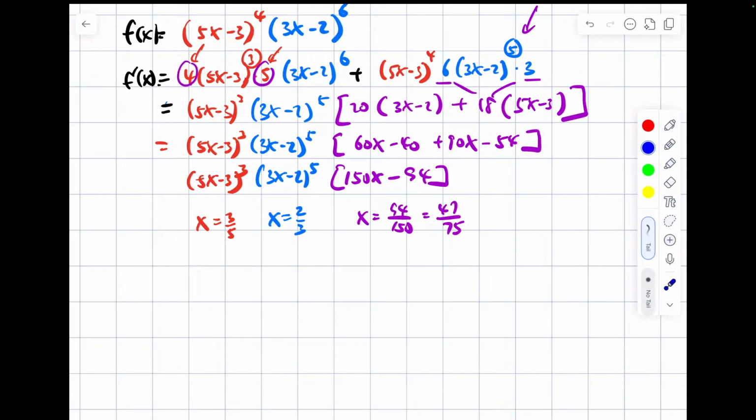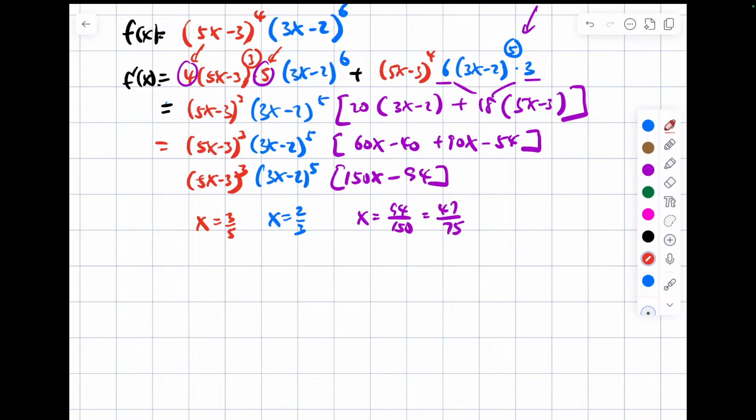But just put the 20 in front of 3x minus 2 and the 18 in front of 5x minus 3. I think he had the same question. Yeah. I took a 2 out. You take a 2 out? Yeah, I factored 2 out. You can if you want to, but I don't have to. You can factor out 2 at the very beginning because 6 and 4 have a common factor of 2. Yeah, you can do that.